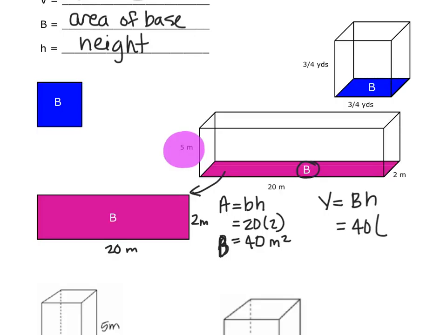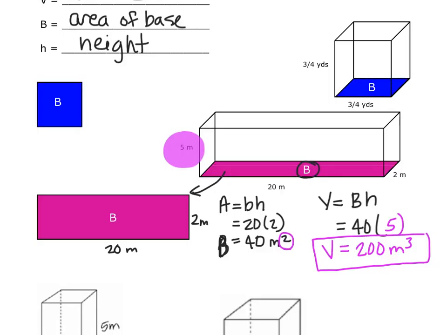That height is 5, and so I multiply that, and I would have 200 meters. Because it's volume, and I already have 2 here, I added that third one in, we're going to have it cubed. So I've discovered that the volume of this rectangular prism is 200 meters cubed.